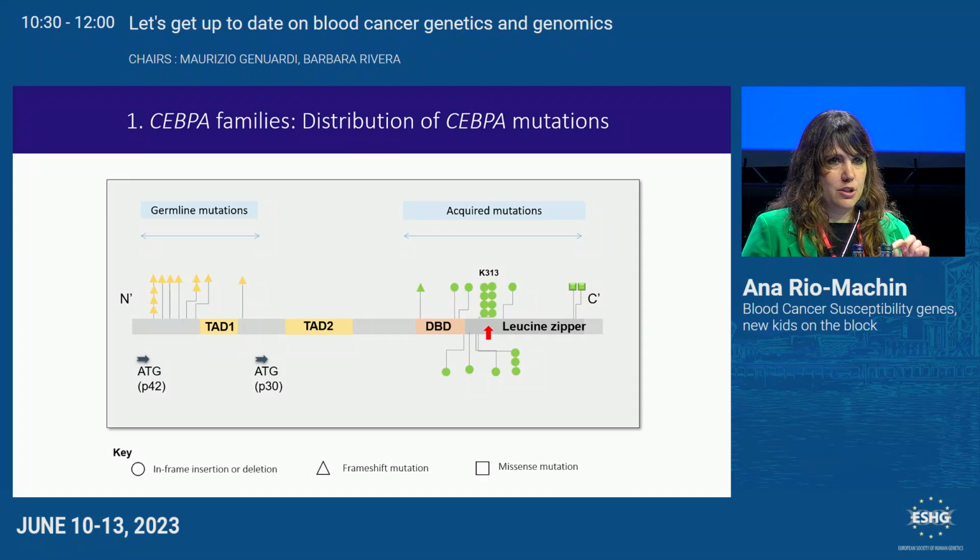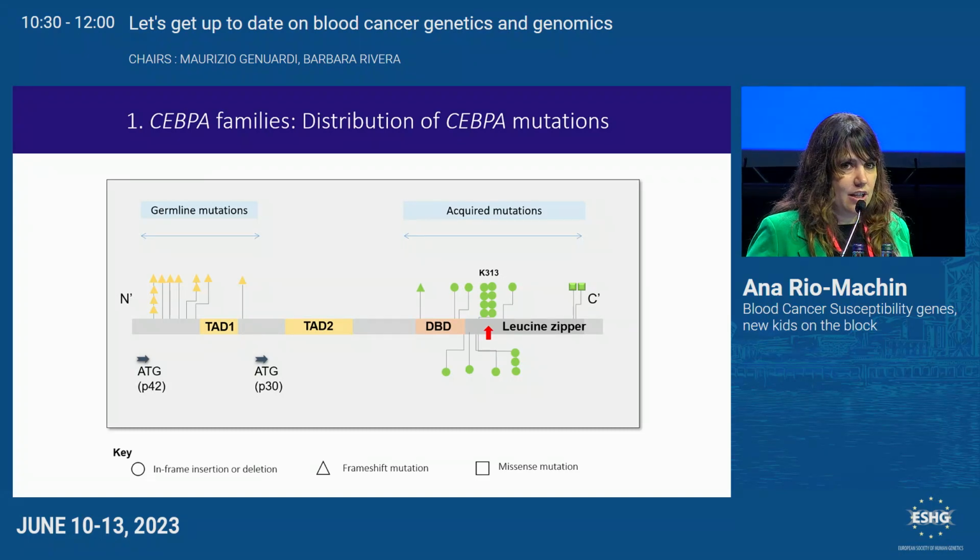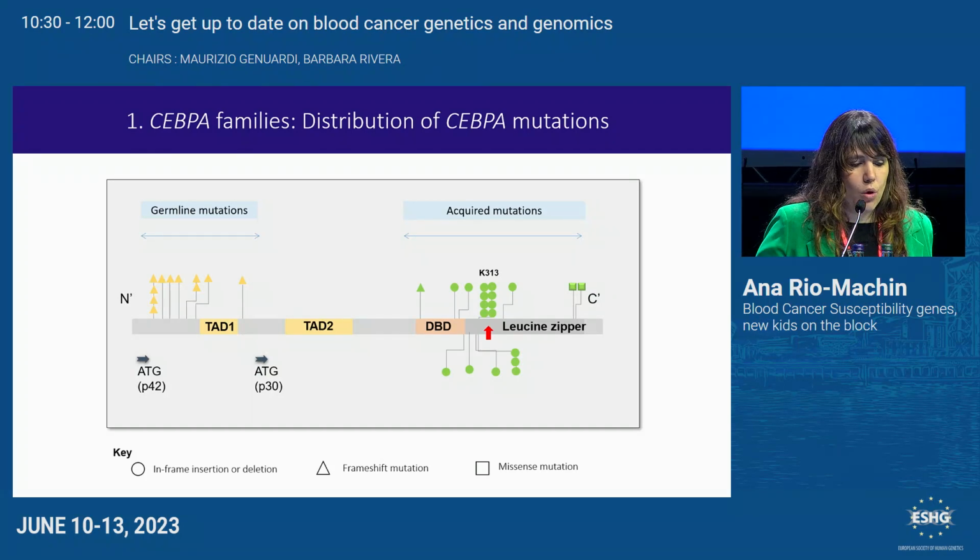But it's quite particular, and it has something very interesting. In more than 90% of the cases, the germline mutations are always located in the N-terminal domain of the protein. But the patients, again normally more than 90%, acquire a second CEBPA mutation in the C-terminal domain of the protein.